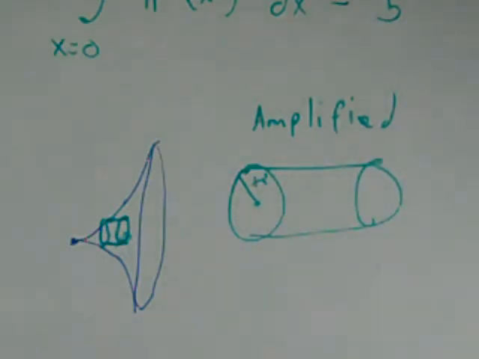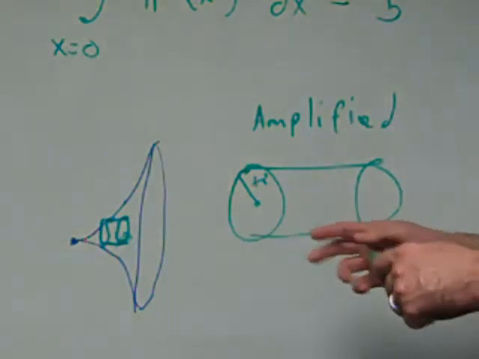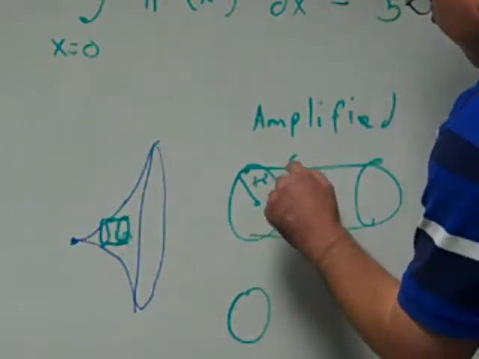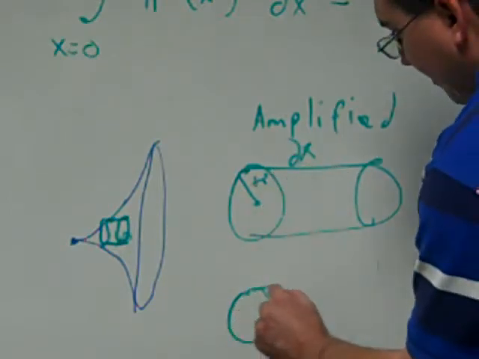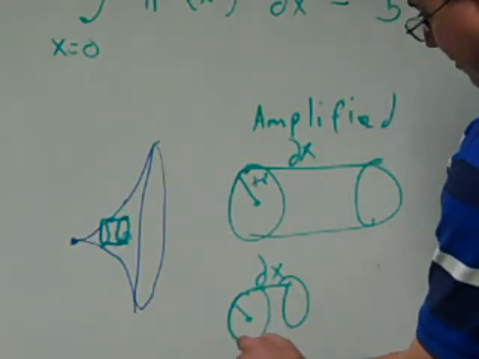So in this case, it's pi x squared times h, but observe that this is actually very, very thin. I gave it a thickness so you could see it better, but this is really, really thin. So it's dx, and it may be more satisfactory if I drew it like this. I just found this harder to see though.